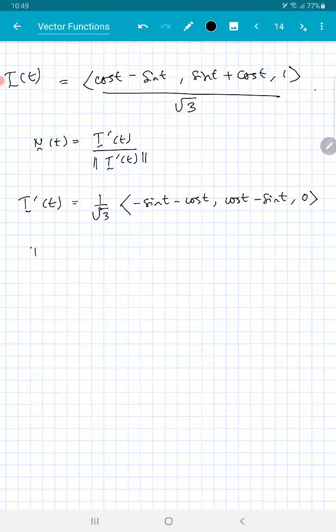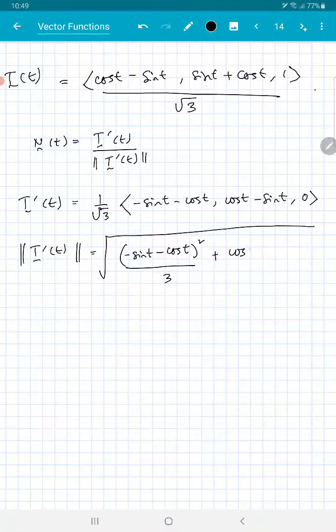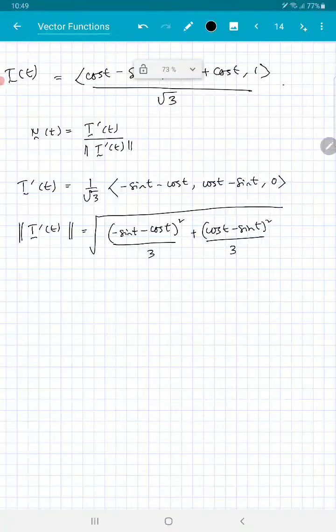Now we need to find the magnitude of T prime. For the magnitude, we square the x component, the y component, and the z component, add them together, and then take the square root. So we have a square root here. Squaring the x component gives us (negative sine t minus cos t) squared over 3, and we square cos t minus sine t as well. The square of the square root of 3 is 3, and then 0.